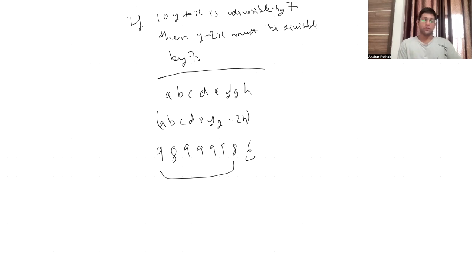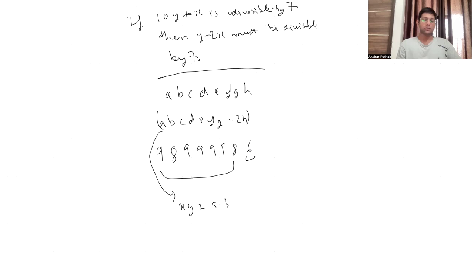Like if the number is ABCDEFG minus 2H, you subtracted it, and then let's say you got a number XYZAB. If ABCDEFG minus 2H is divisible by 7, XYZAB must also be divisible by 7.